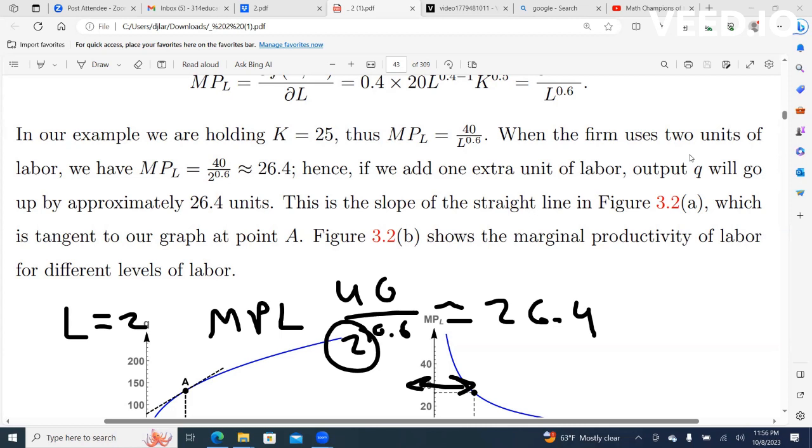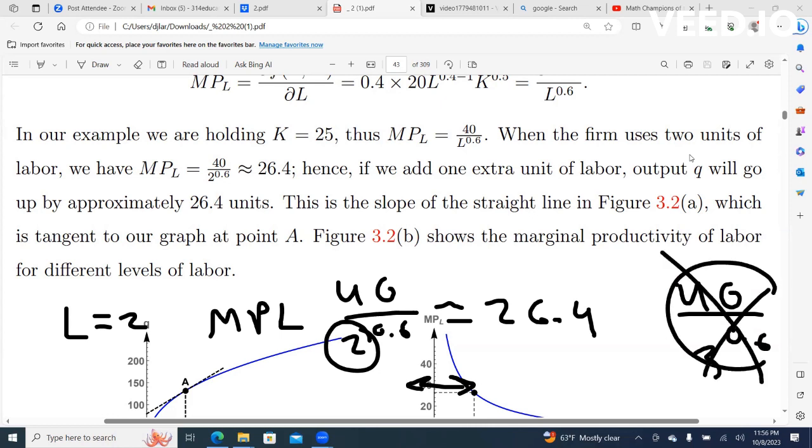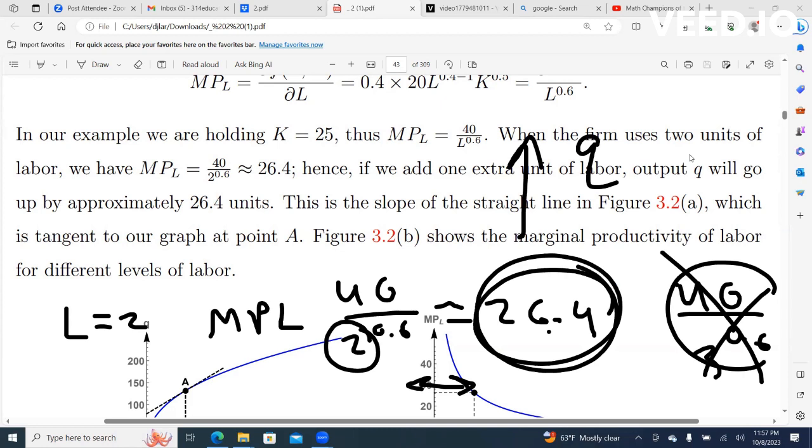But if we add the third, we're not plugging the third into here. We're just saying if we add 1 more after that, the Q, the vertical, is going to increase by approximately that much right there.